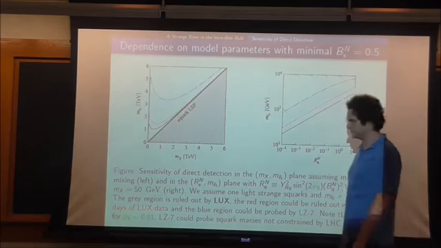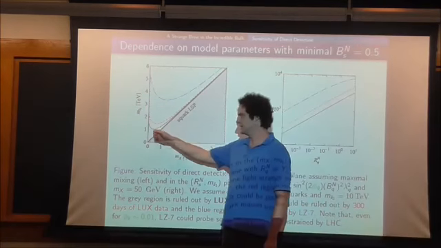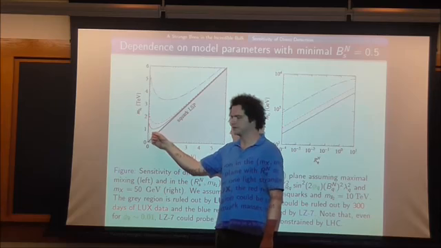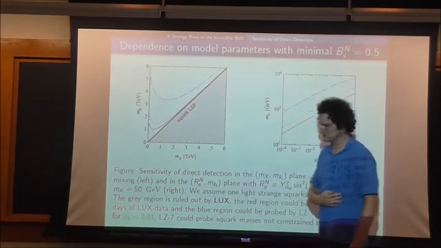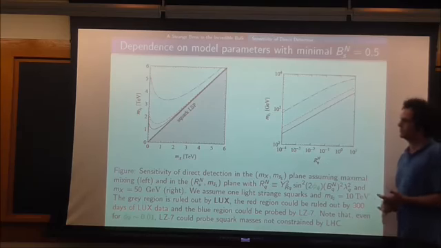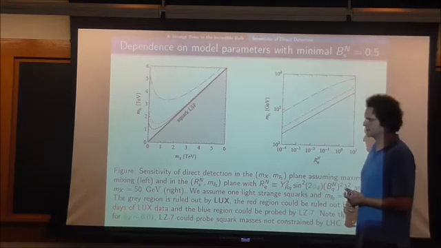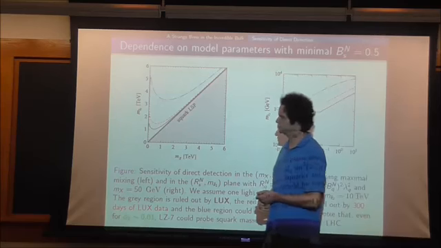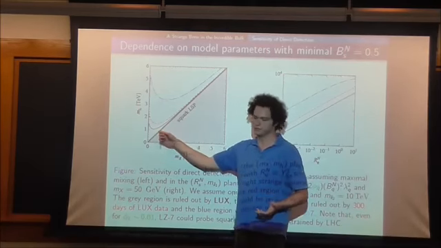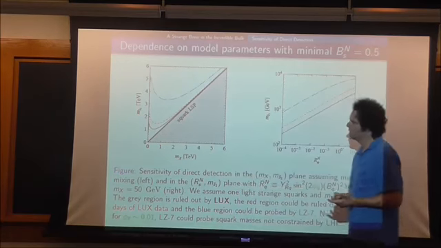One thing you can see right away is that LHC is constraining these squark masses only down at 400 or 500 GeV. So if you have a realization of the MSSM that looks like this, direct detection is going to probe higher squark masses than LHC can constrain for non-degenerate light squarks.